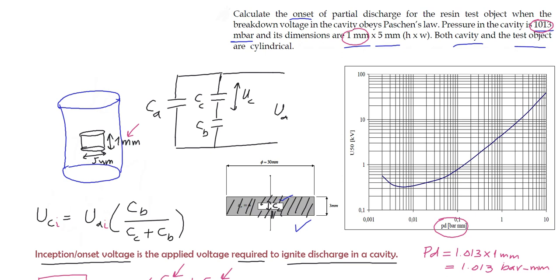Now we need to determine this point, which is close to 1. So this is 1 bar millimeter. We are going to look at this point, almost close to this, which will be approximately here.